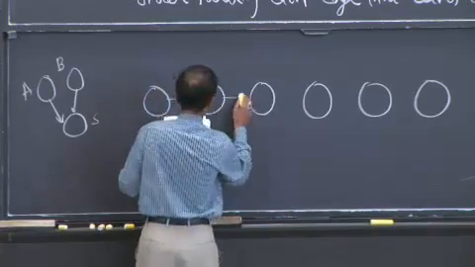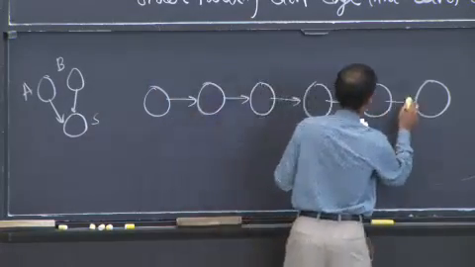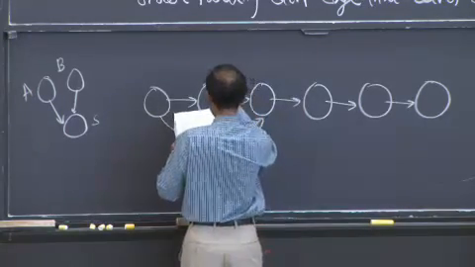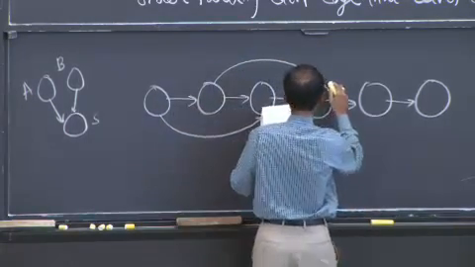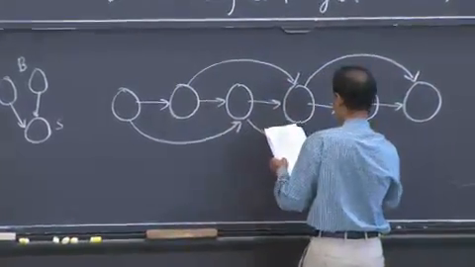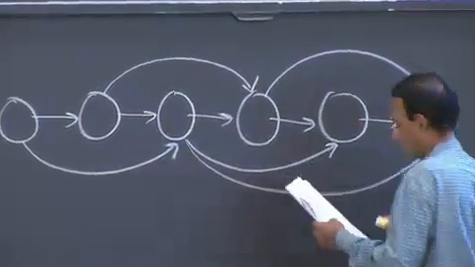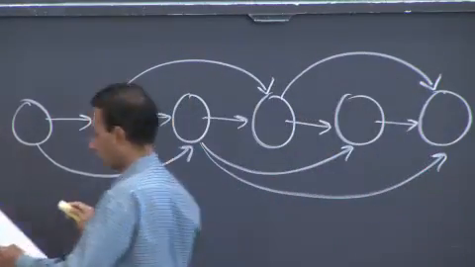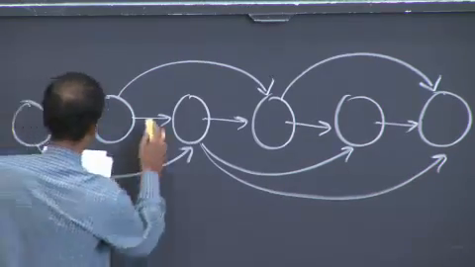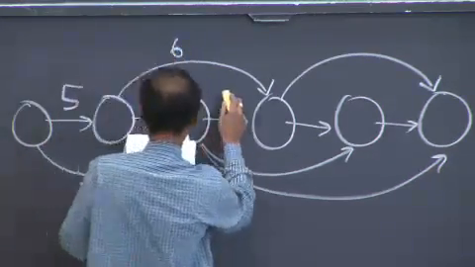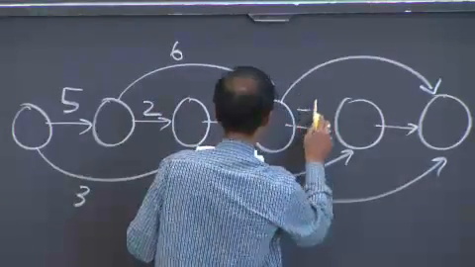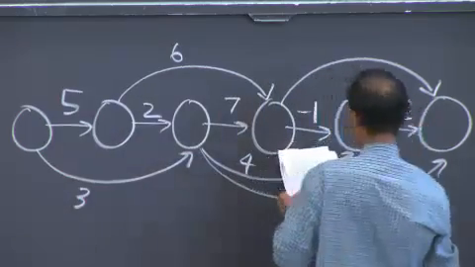I'm going to put edge weights down in a minute. All right, so that's my DAG. Let's see, 5, 3, 2, 6, 7, 4, 2, minus 1, minus 2.